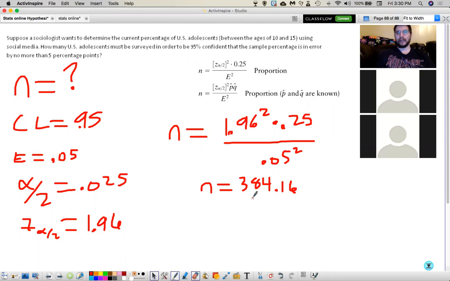Remember, unless we get an integer, a whole number really, we always have to round up to 385. The minimum 384 wouldn't be enough to be certain. We have to go more than 384, and we can't have 0.16 of a person. So, go 385. Boom, done.